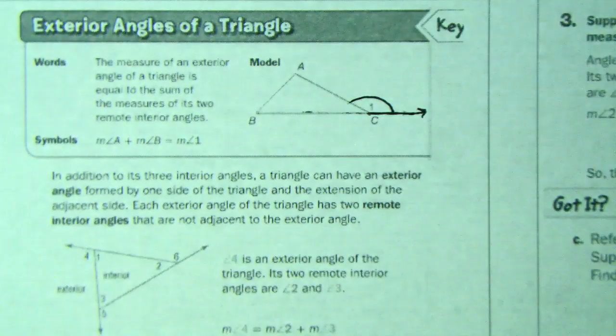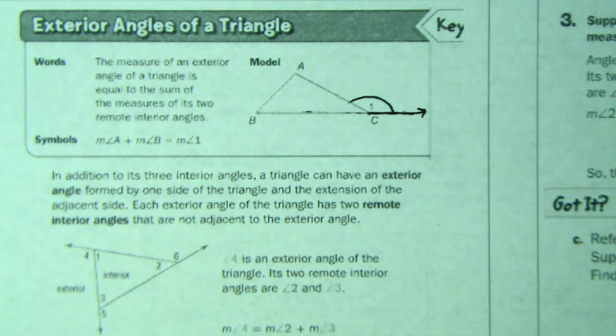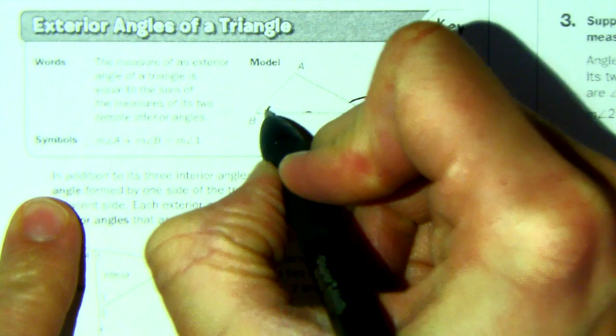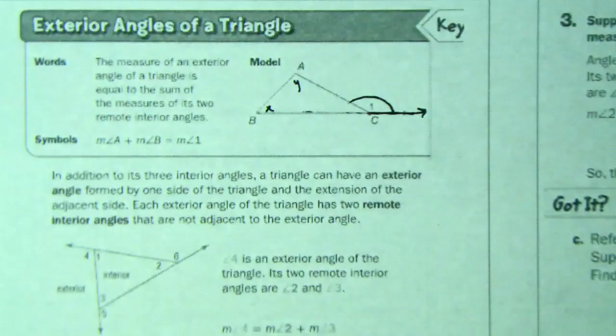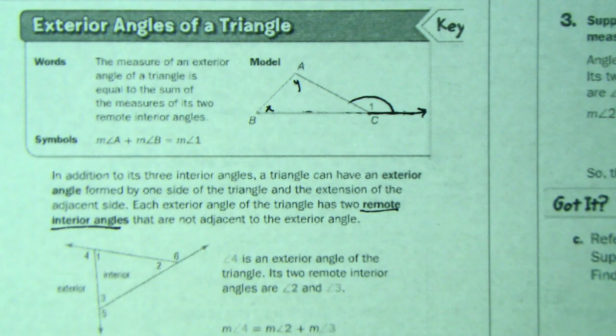All right? What's cool about this is that exterior angle has to be equal to this one and this one added together. And it will always be equal to the other two. And the other two are referred to as the remote interior angles.